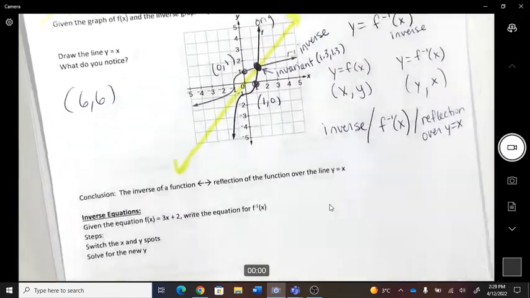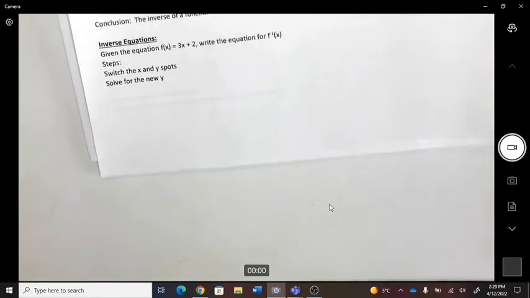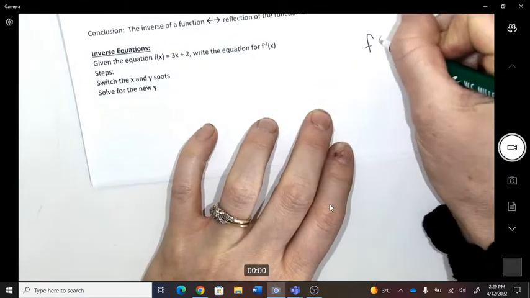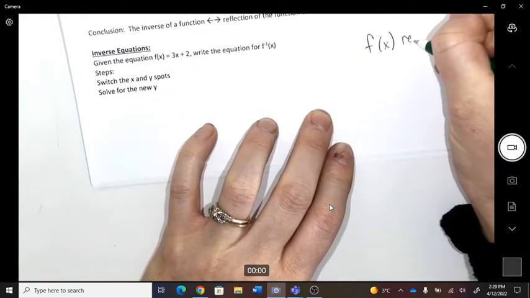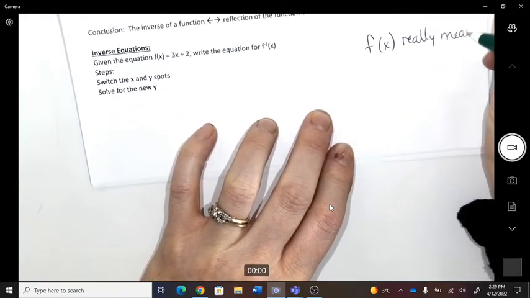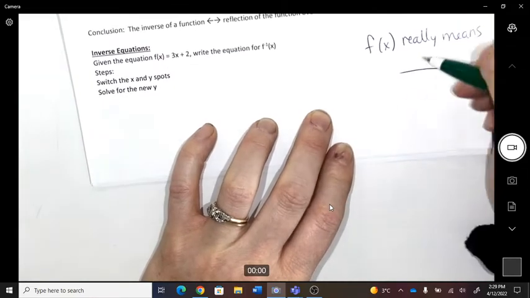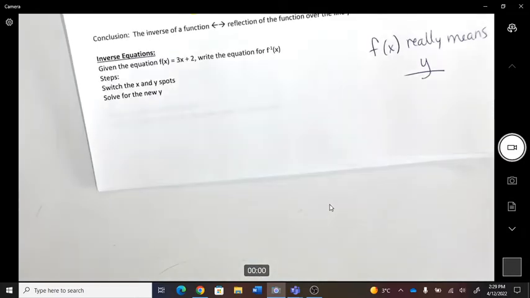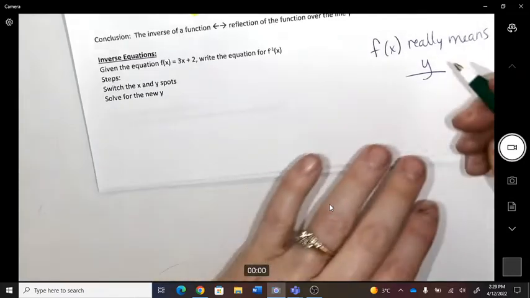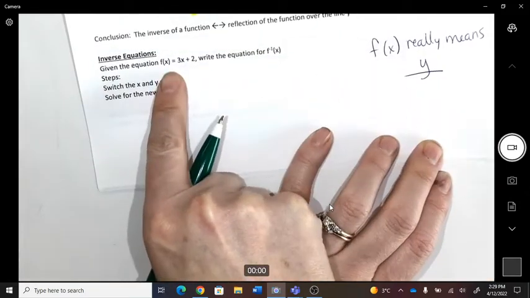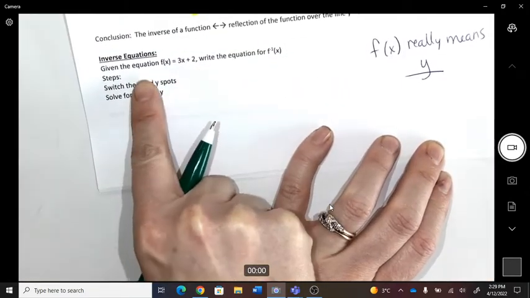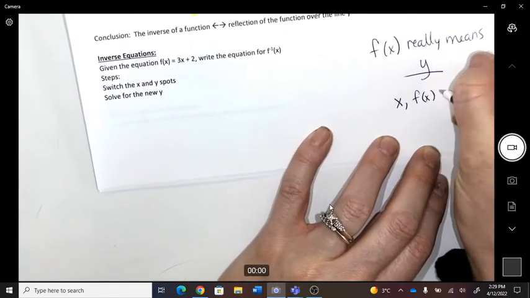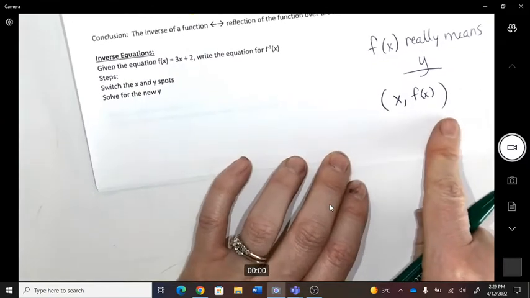Now let's talk about inverse equations. Okay, we know that f of x really means what? What'd you say? Just y, yeah. And f of x is really the y part. Coordinates usually, so when I talk about this as a function, it means x is the input, f of x is the output.